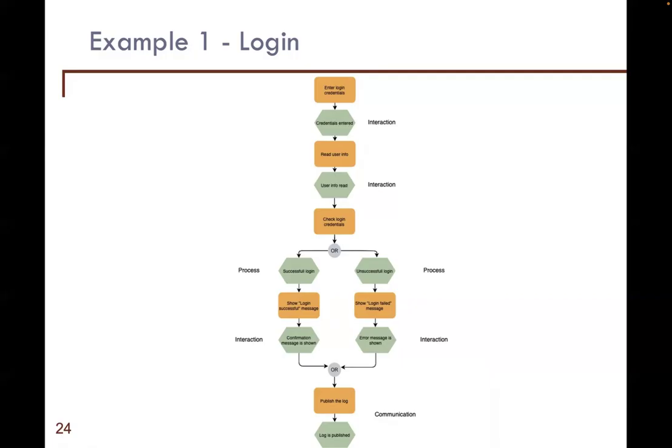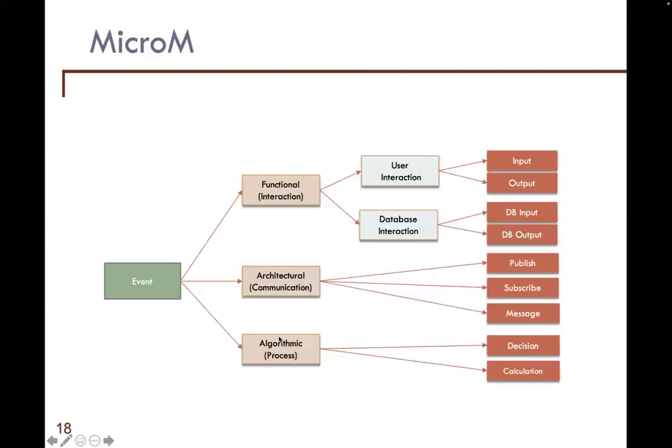Of course, we are thinking that maybe we can create a size measurement approach that is valid in the requirements phase, design phase, and coding or programming phase, which might correlate with these functional, architectural, and algorithmic abstraction levels.